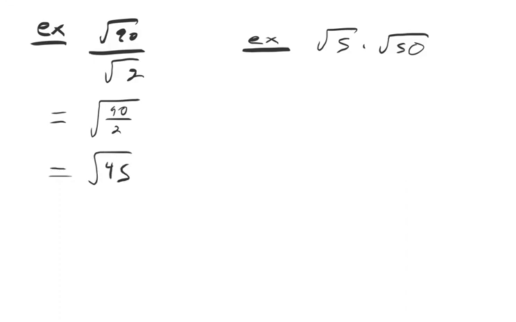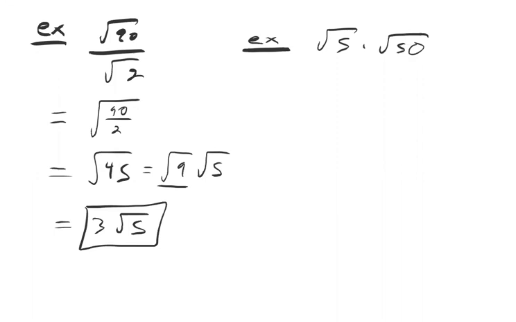Well, now I can break this up as the square root of 9 times the square root of 5. 9 times 5 is 45. Square root of 9 is 3, so 3 square root of 5.